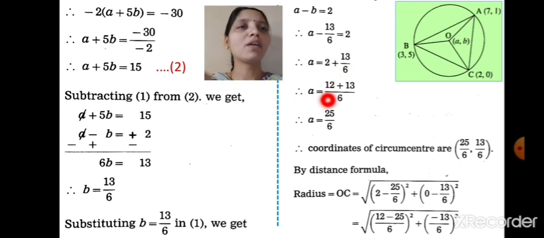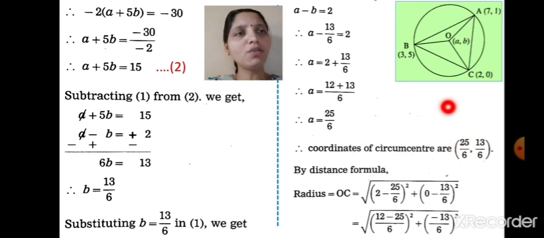Therefore a is equal to 6 into 2 is 12 plus 13 upon 6. Therefore a is equal to 25 upon 6. Therefore the coordinates of circumcenter are 25 upon 6 x coordinate and y coordinate is 13 upon 6. Okay. So I hope you have understood till this.